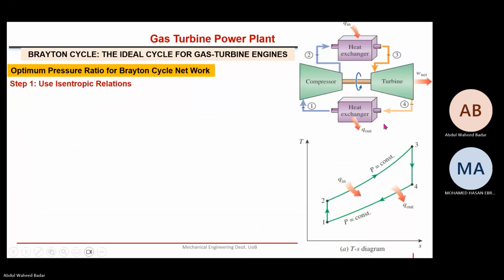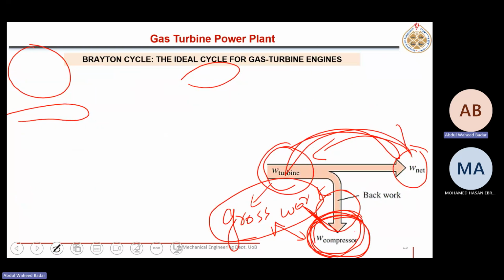Now let's derive one equation: the optimum pressure ratio for net work output. See this figure again.